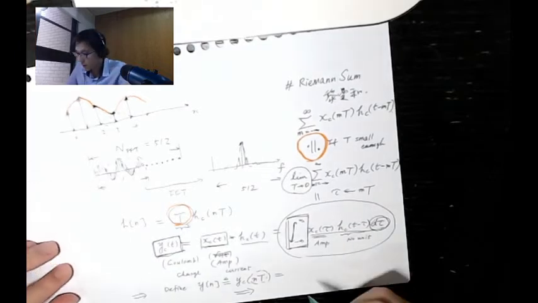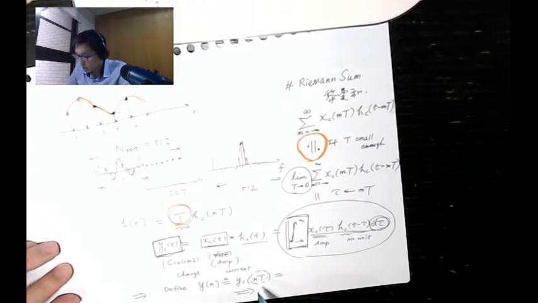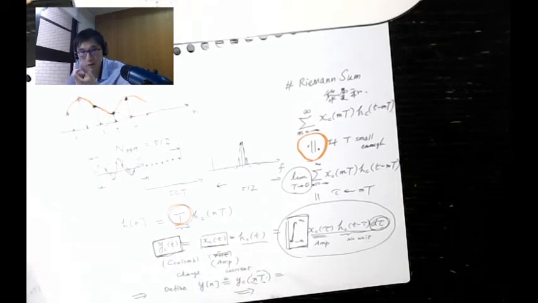So I was going to say that by discretizing our output signal, we substitute this time t with n times capital T, which is our small sampling period.